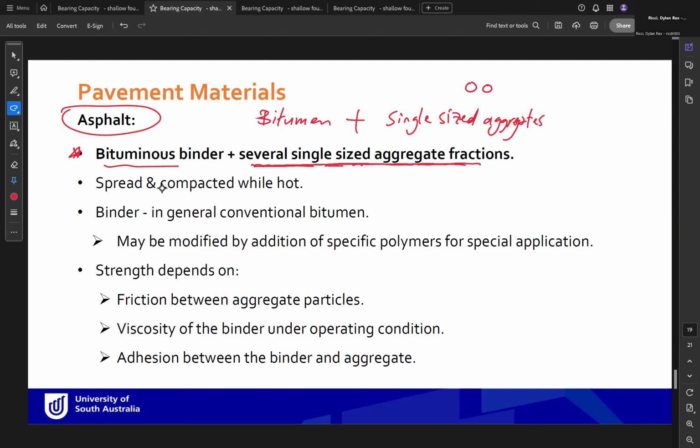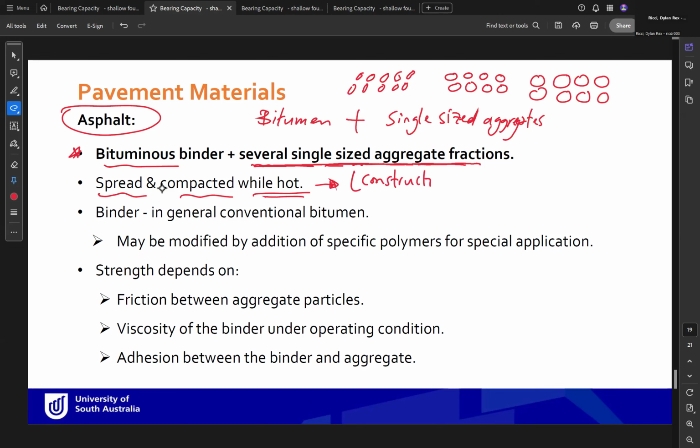Okay, so we can have similar-size aggregate. So this is asphalt. It needs to be spread and compacted while it is hot. This is also a disadvantage because the construction is sometimes affected by hot or cold weather, so you need to select the appropriate time to construct your road.